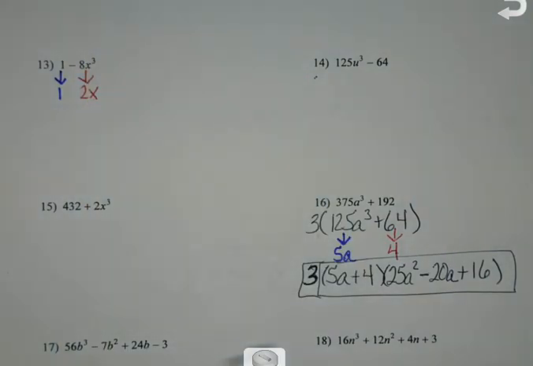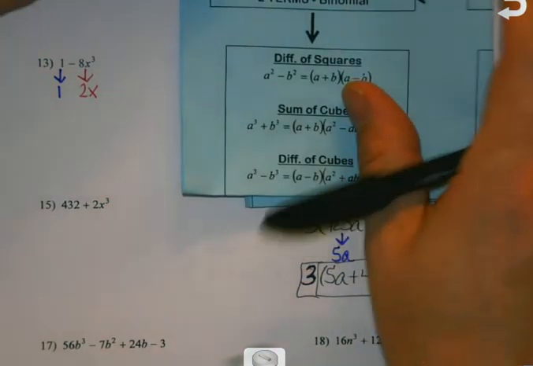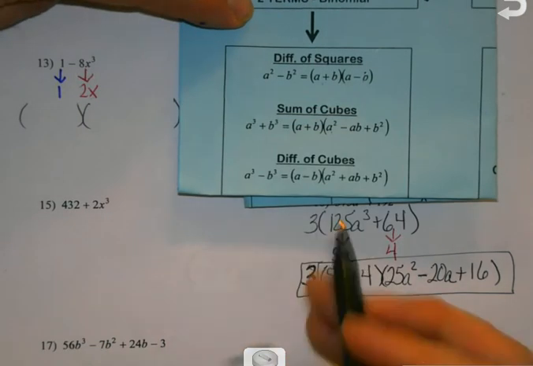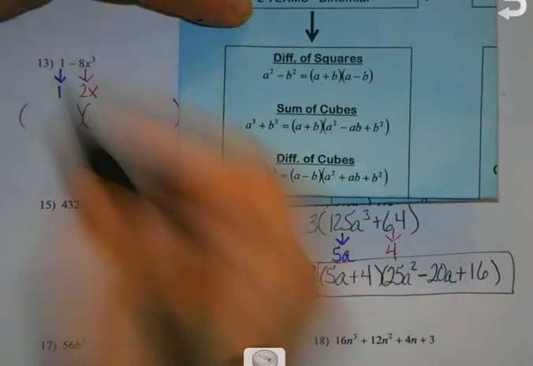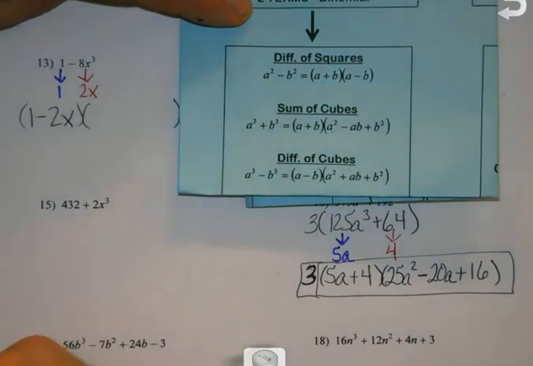And I'm going to follow the pattern just like I did on the last one. So this time it's a difference of cubes. So it's 1 minus 2x. Because what I'm asking is, what do I cube?